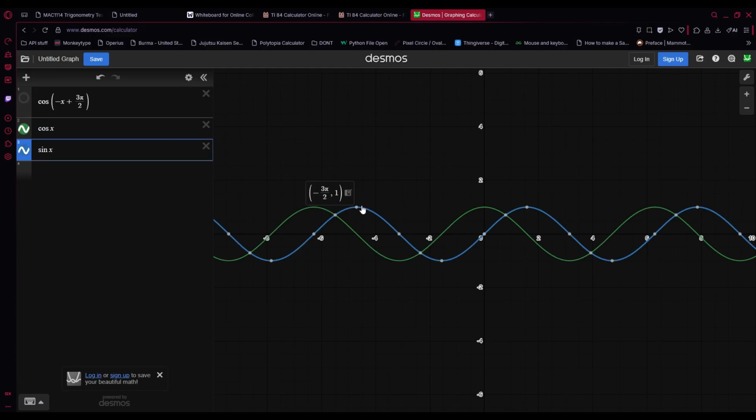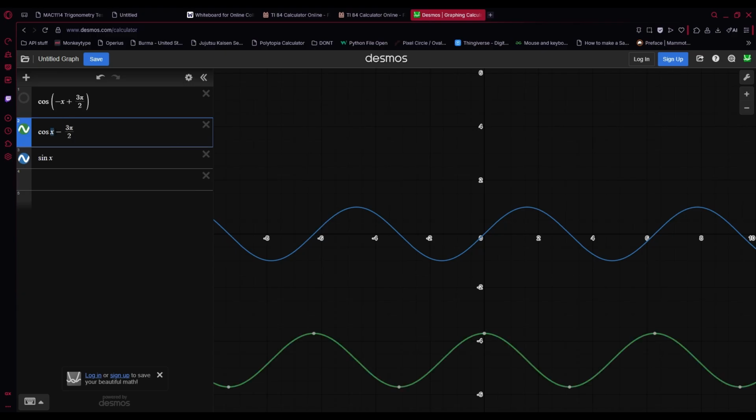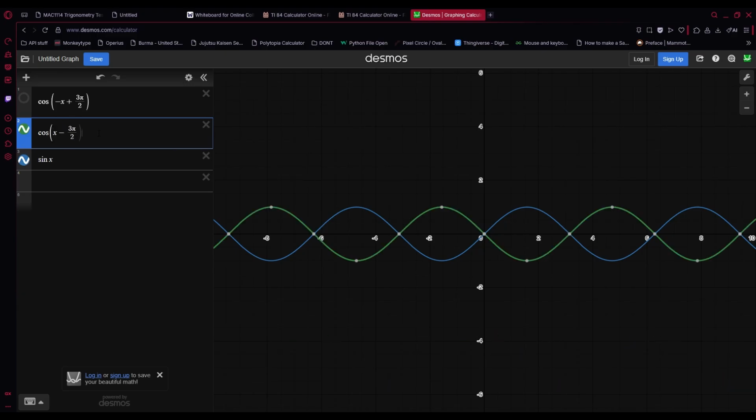And if you notice, that maps it directly here. And you might think, okay, great, so it should be just minus 3 pi over 2 in parentheses. But they're not the same, and that's because of this negative x right here.